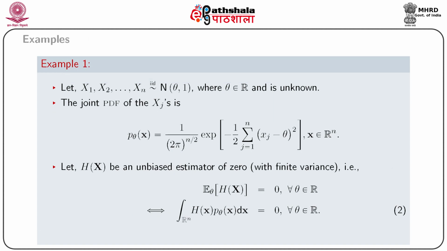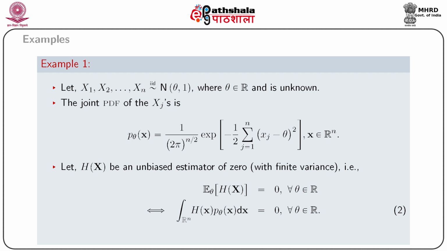Let us consider some examples. Example 1. Let X1, X2 up to Xn be IID normal random variables with mean theta and variance 1, where theta is unknown. Suppose we want to find a UMVUE of theta.